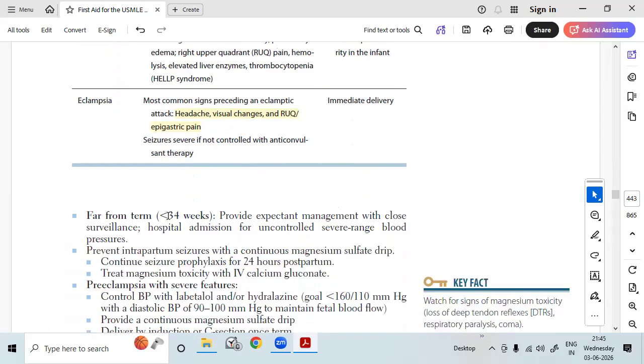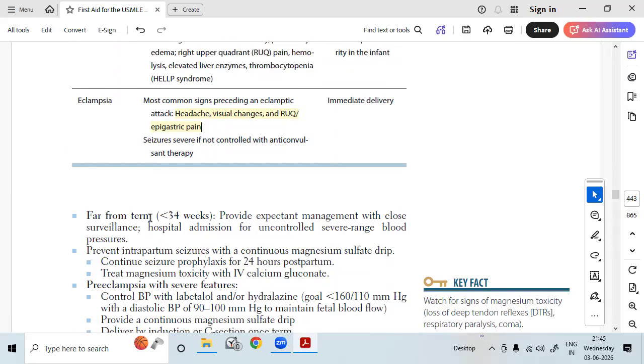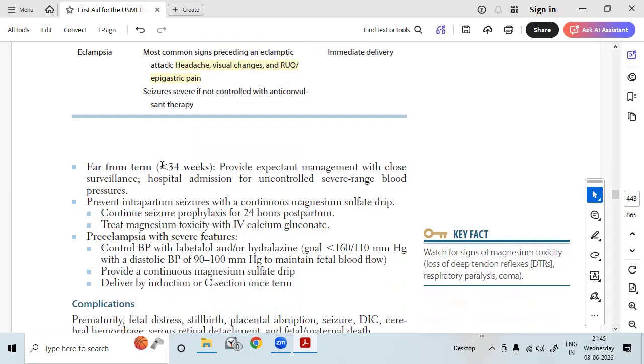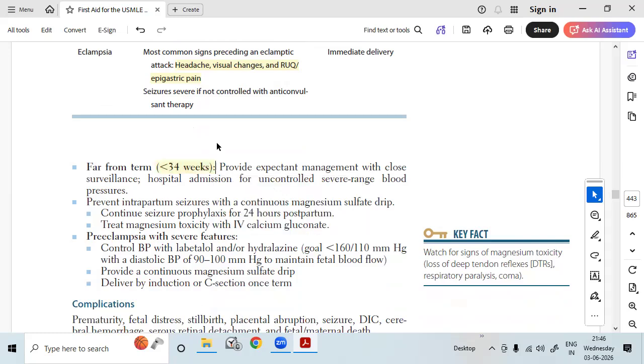Far from term, less than 34 weeks, provide expectant management with close surveillance; hospital admission for uncontrolled severe range blood pressures is needed. Even when the patient is far from term, termination is of course not done. You do expectant management with close surveillance.